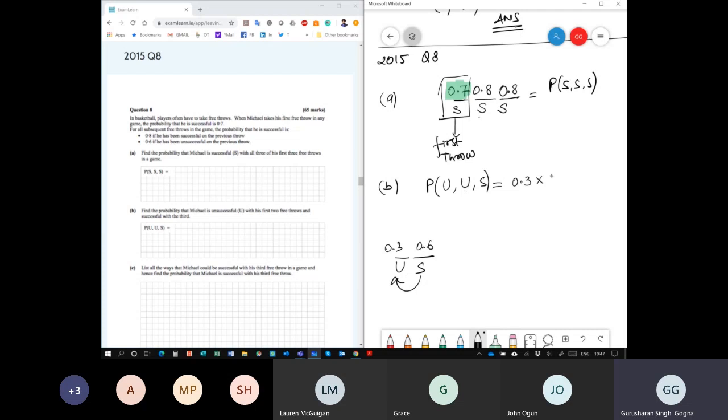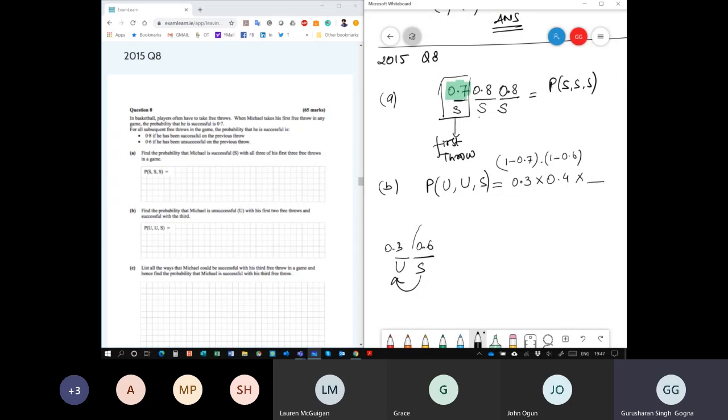So I'll write down here for your reference. This is 1 minus 0.7 times 1 minus 0.6 now, which will give you 0.4. And the last one is success.